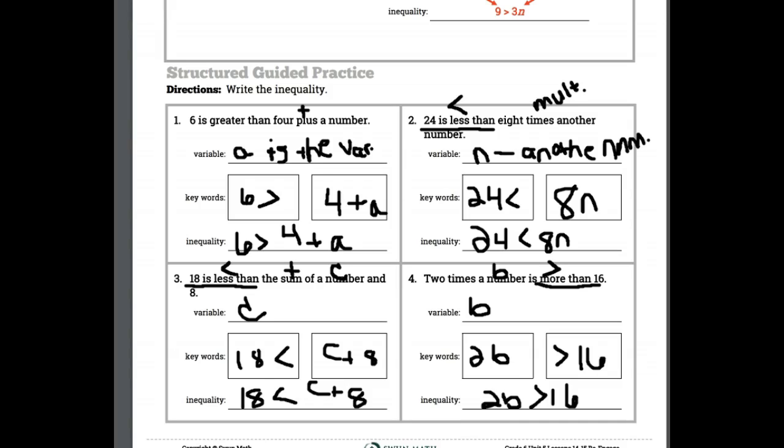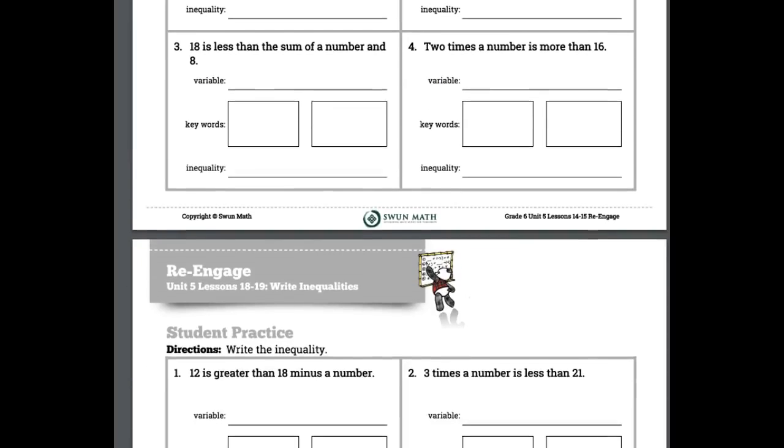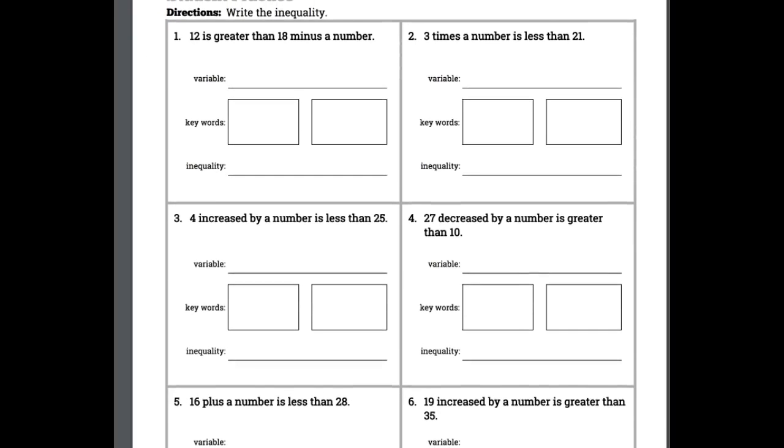So now let's get ready for 5, student practice. That was structured guided practice. This is student practice. Write the inequality. And we're going to code 1, 2, 3, and 4. Then you're going to go back and you're going to complete the rest of it.